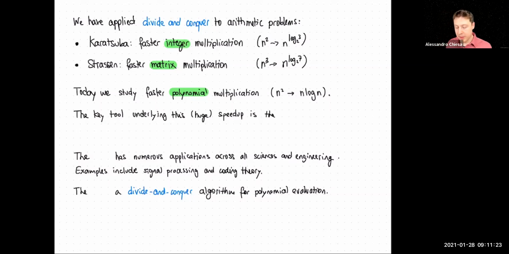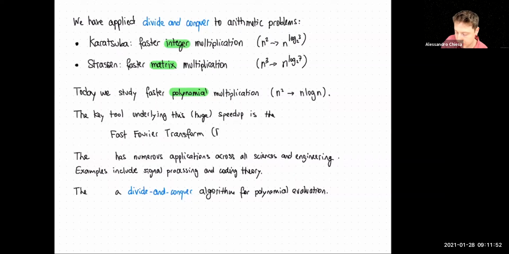And today we're going to instead study faster polynomial multiplication, which will let us go from the naive n squared algorithm to n log n, which is extremely good. The key tool that underlies this huge speed up is the fast Fourier transform.